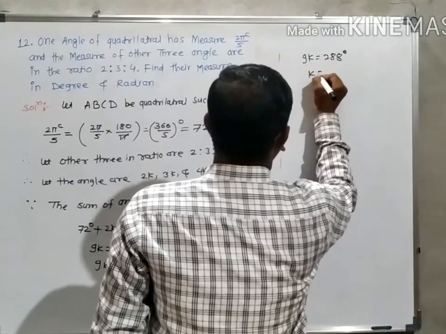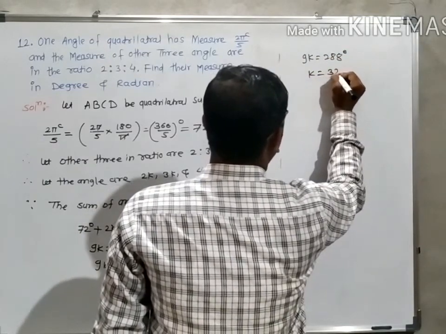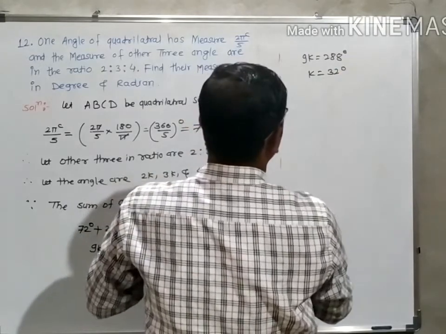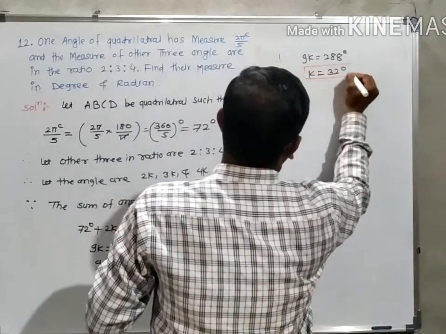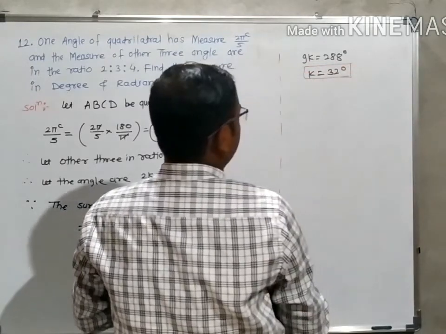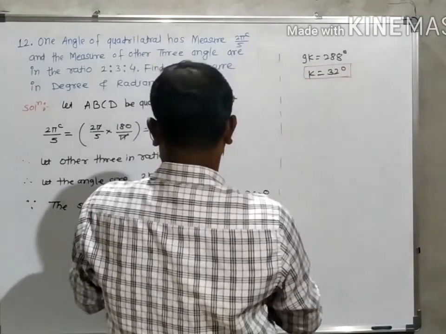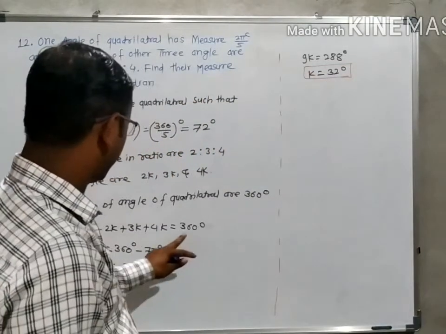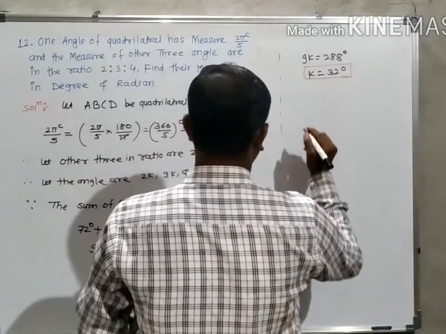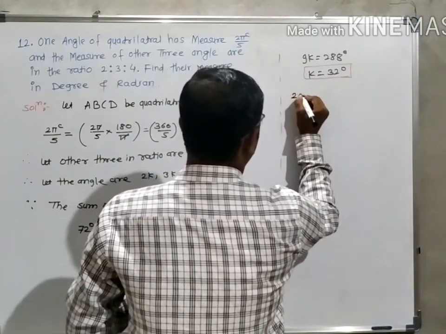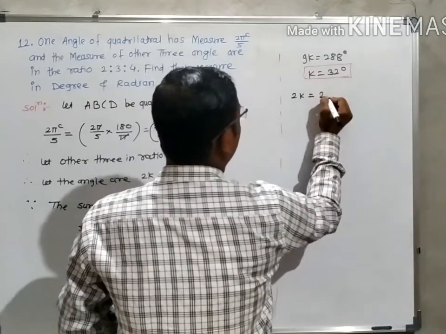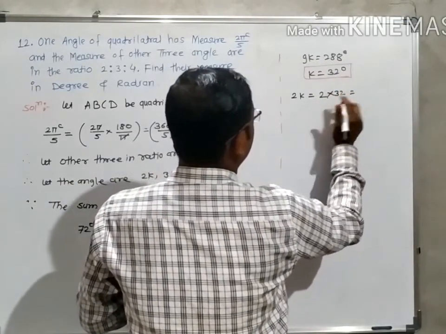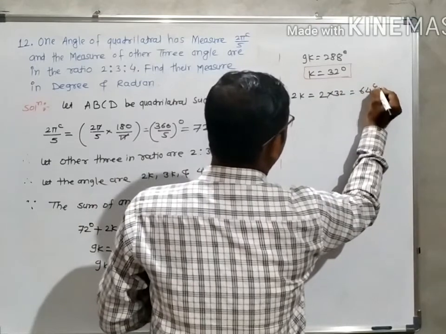So 9k is equal to 288 degrees, therefore k is equal to 32 degrees. The first angle is 2k, so 2 into 32 is 64 degrees.